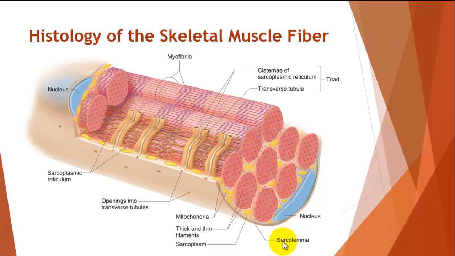Muscle cells have a positive negative charge across the membrane, so it allows them to react to a stimulus. You have this inside part. This is called the sarcoplasmic reticulum. And then you have transverse tubules, these little parts right in the middle, and we'll get to that. There's some mitochondria, and then like I said, you have the myofibrils, which are made of myofilaments, and then you have the cisternae of the sarcoplasmic reticulum on each side, and we'll get to all that.